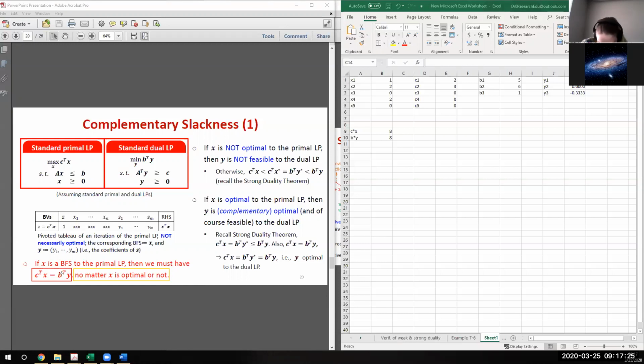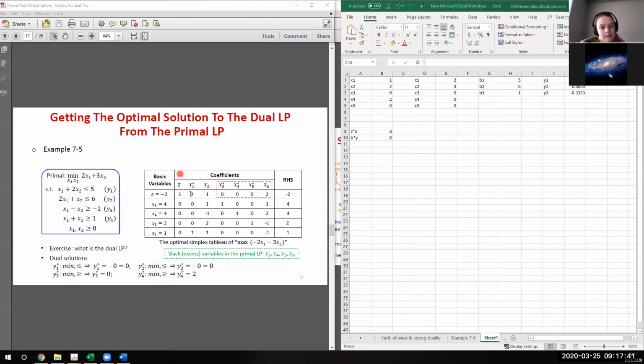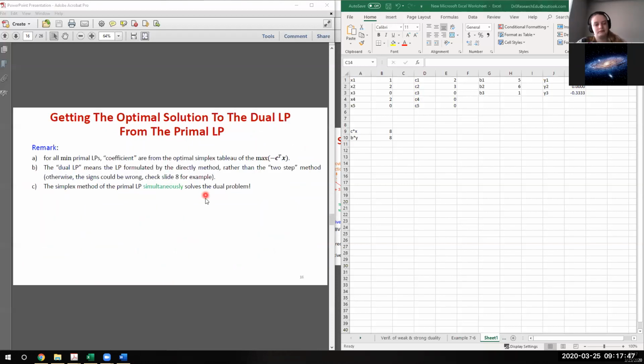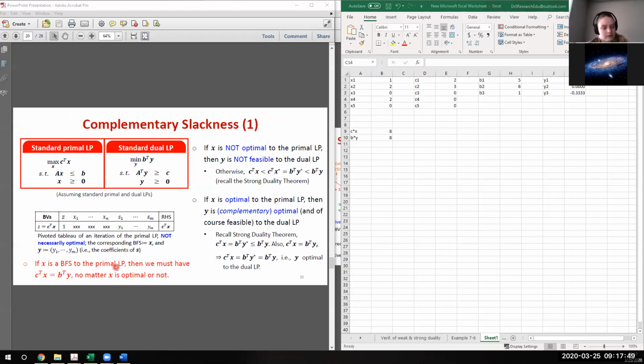Okay, so the problem is how to resolve the issue with the strong duality theorem, because the strong duality theorem tells you that X and Y look like they need to be optimal solutions. But here I said, no, they don't have to be optimal solutions.